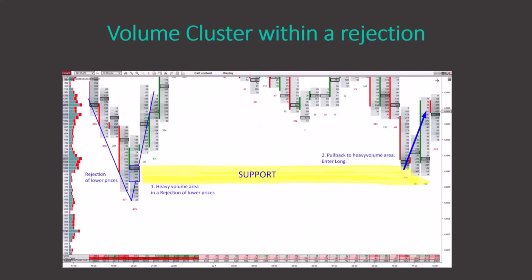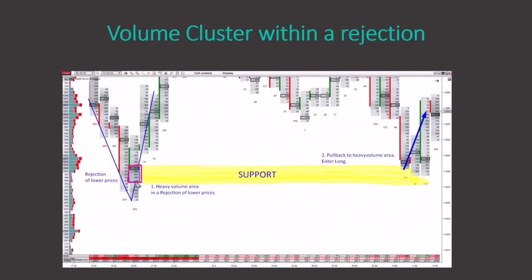Now, this is another scenario where I like to trade a significant volume cluster, and it is when it forms within a rejection. Rejection is when price goes one way aggressively, then turns and goes the other way, also aggressively. Somewhere within the rejection, somewhere close to the place where the price actually turned, there should be a volume cluster, like this one, right here.